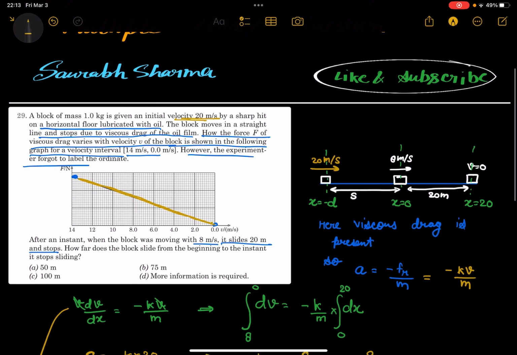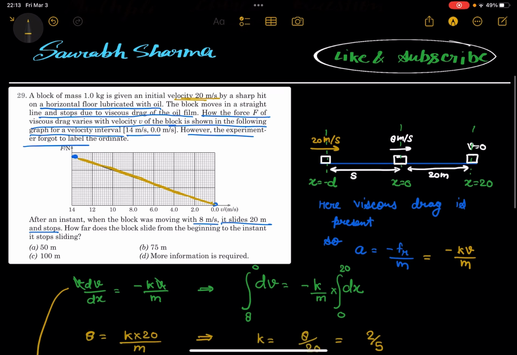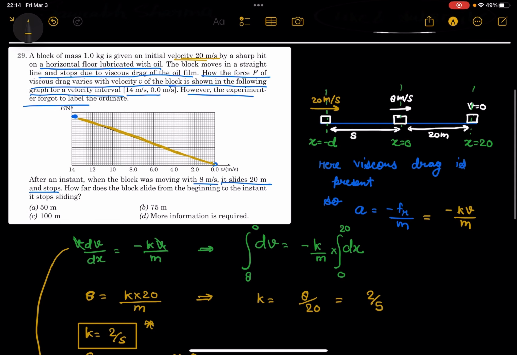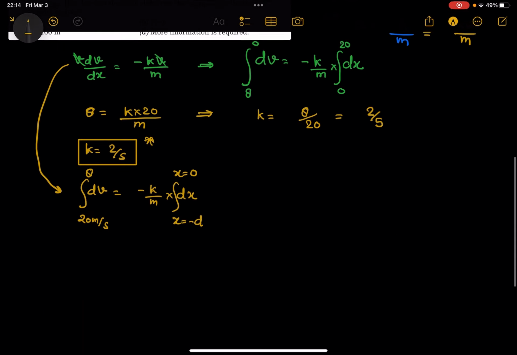At x equal to minus d, the velocity is 20 meters per second. At x equal to 0, the velocity is 8 meters per second, or you can go directly with x equal to 20, where the velocity is 0. It is up to you.